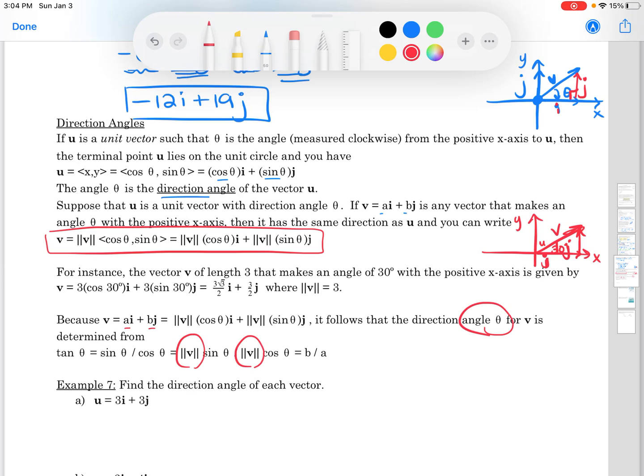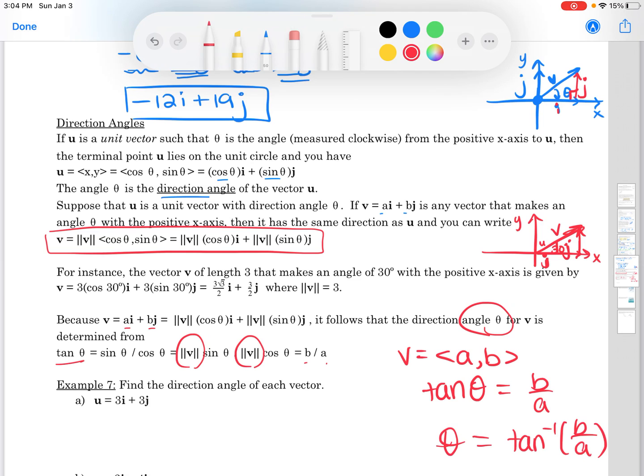So our tangent is really just going to be b divided by a. If I need to find the angle, I can do the tan inverse to find our angle.